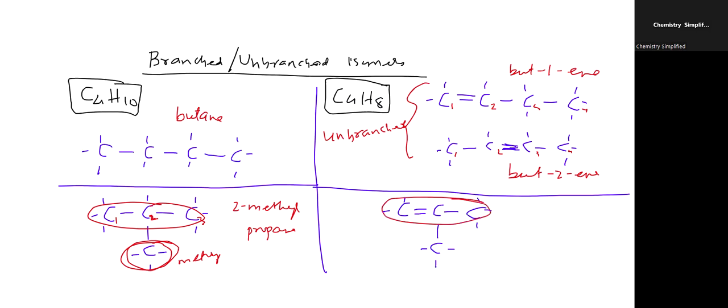It's not but. So you have to name this as propene. On the propene, carbon number 1, carbon number 2, carbon number 3. At carbon number 2, there is a methyl branch. So I'll have to mention the position of the branch and what the branch is. So at carbon number 2, there is methyl in propene. Now this one is a branched isomer.